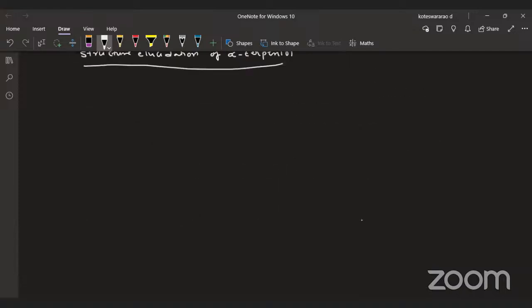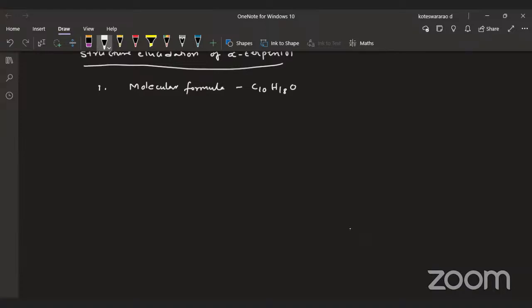For determining the structure, the first requirement is the molecular formula.